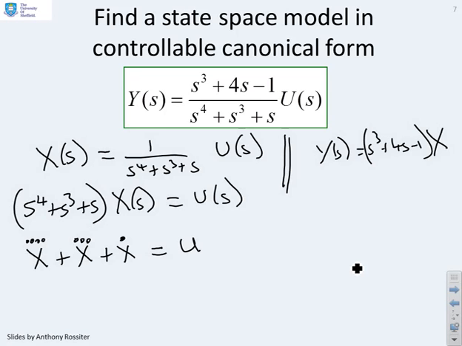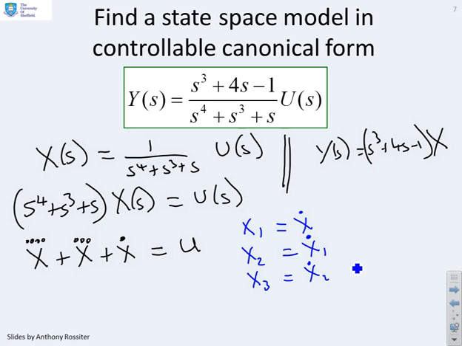So what states do I need here? Well, I'm going to introduce a number of new states then. So I'm going to write x1 equals x dot, x2 equals x1 dot, x3 equals x2 dot. So I've got 3 new states here.